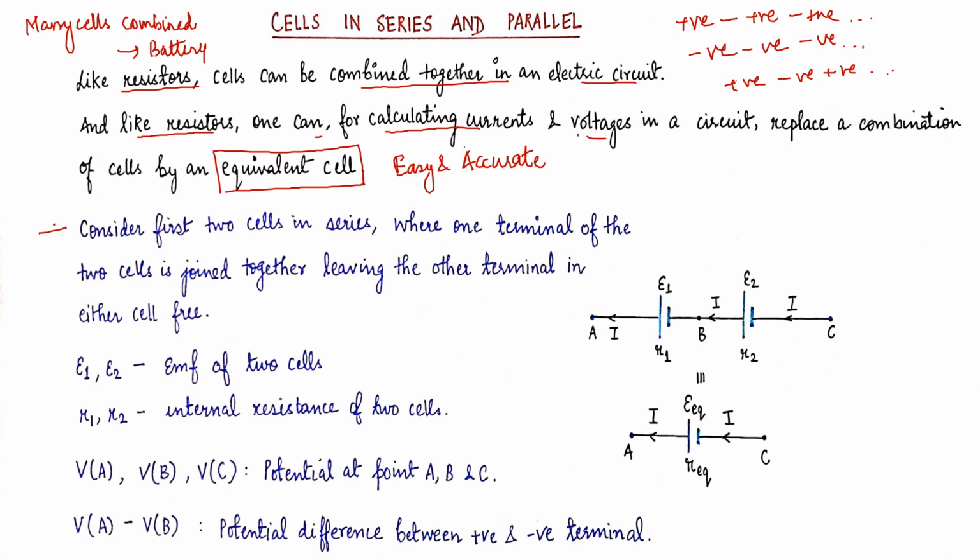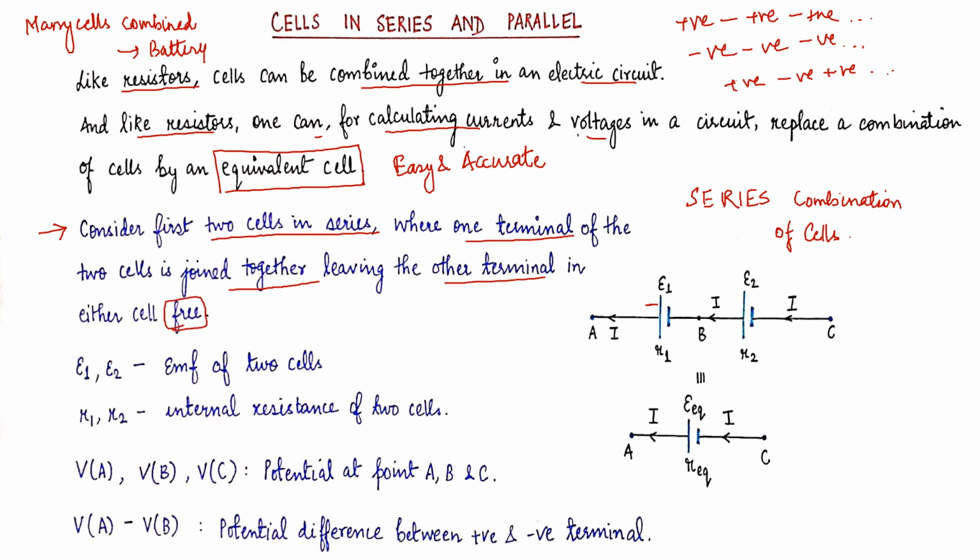Now we will start with the combination. Consider first two cells in series. So here we are starting with a series combination of cells, where one terminal of the two cells is joined together, leaving the other terminal in either cell free.